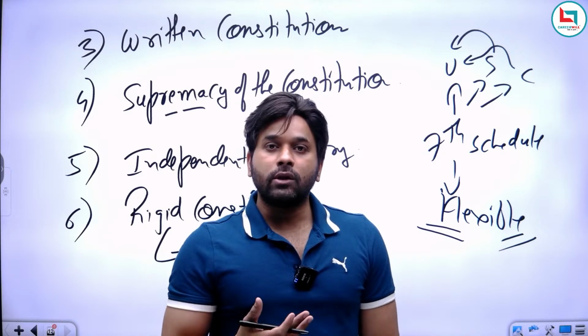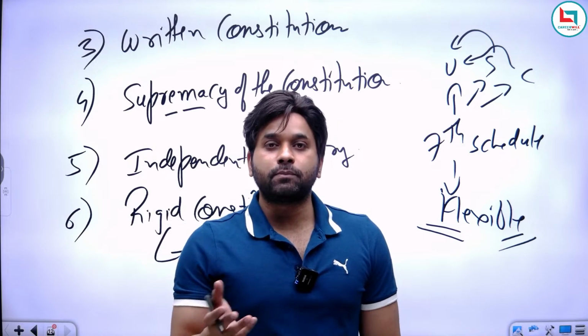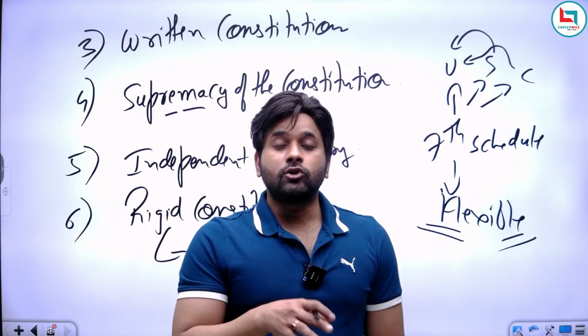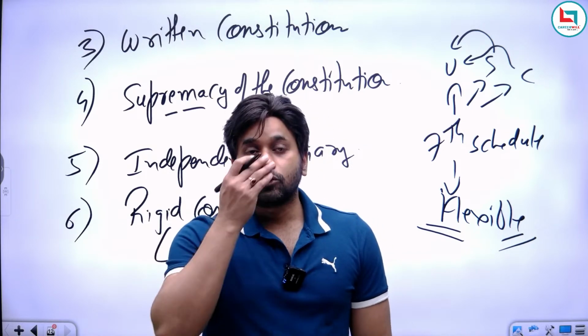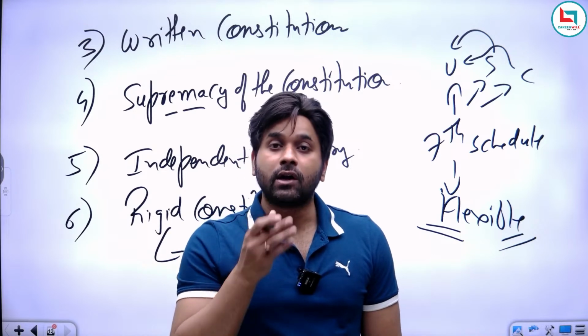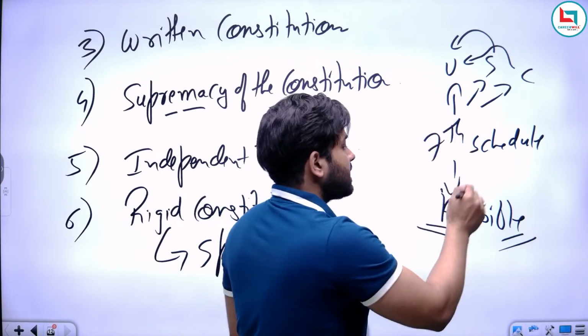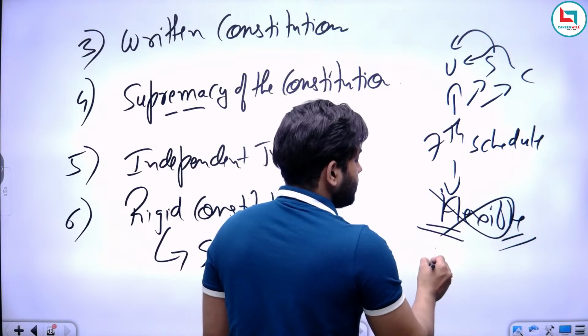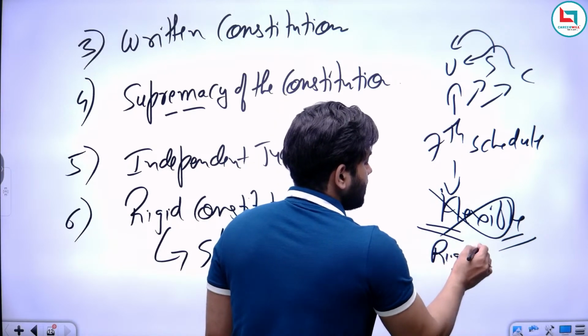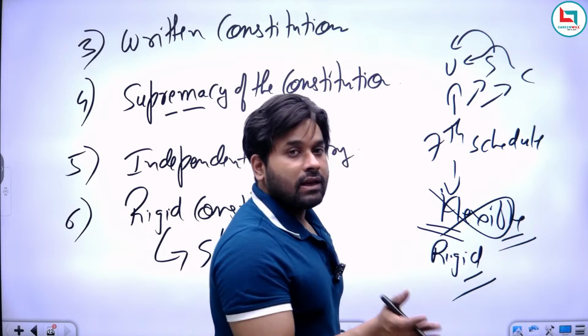A special majority means a 2/3 majority of the members present and voting in the house and a majority of the total membership of the house. So this is a special majority and it is difficult to achieve. That is why these provisions fall under the rigid category and not the flexible category. Such provisions are rigid in nature. You cannot easily amend such provisions.